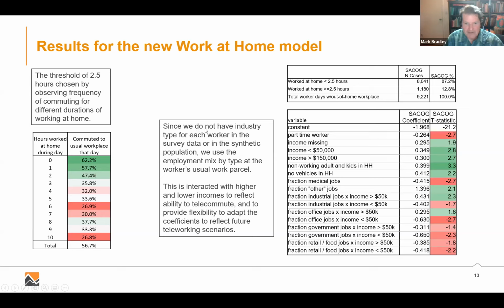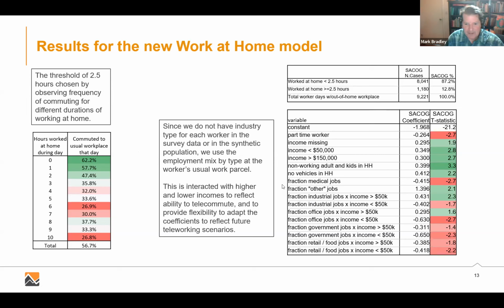So when we estimated the model, the survey didn't ask industry type for each worker in the survey data. We probably should ask that in the next survey since it's getting so important for teleworking. But what we do have is the mix of employment at the worker's usual work parcel by type, 9 different types.